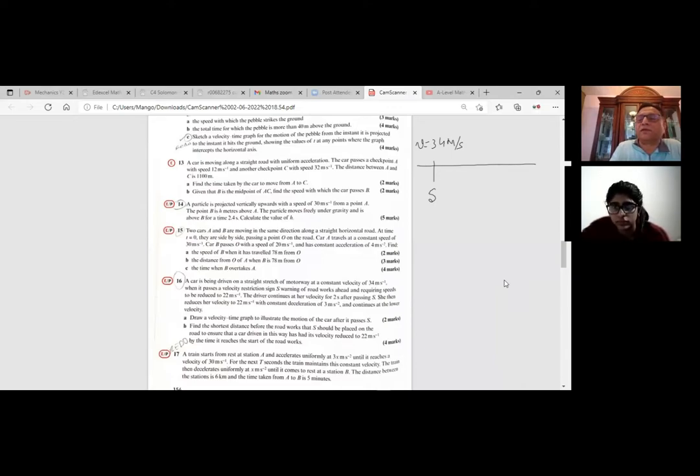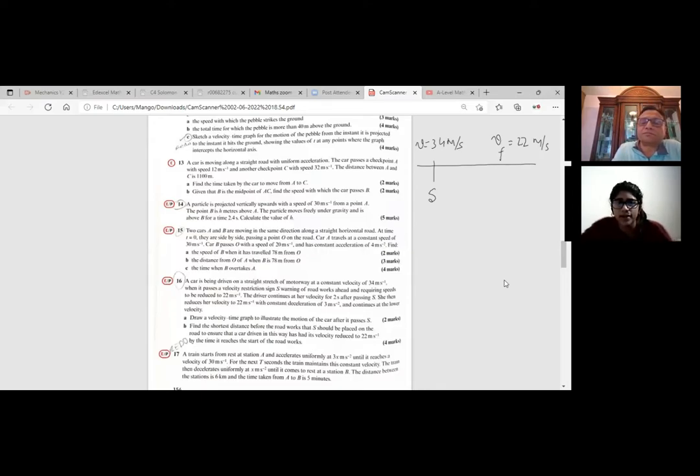So we want final velocity as 22 meters per second. The driver continues at her velocity for 2 seconds after passing S. She then reduces her velocity to 22 meters per second with constant deceleration of 3 meters per second squared and continues at a lower velocity.